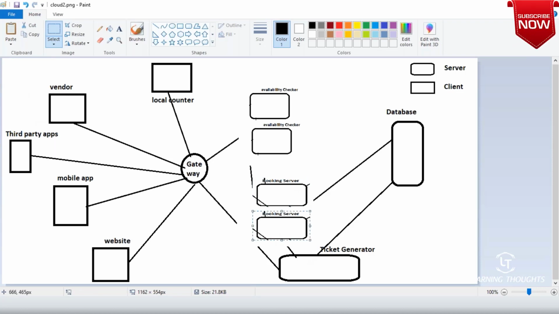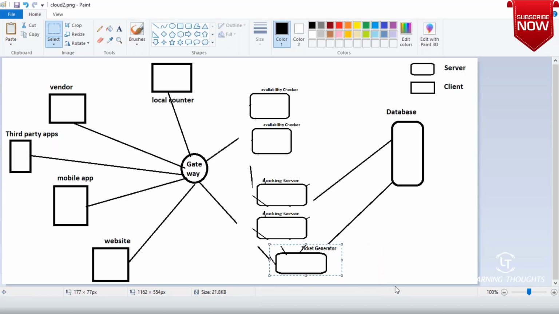And in the same way, rather than having one ticket generator, you might have two ticket generators. So this is the possible solution.